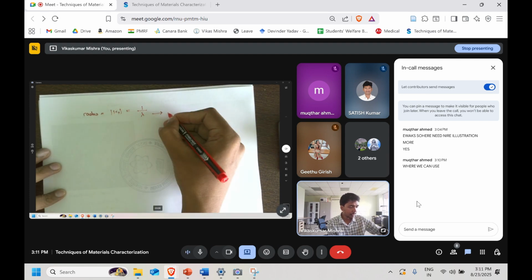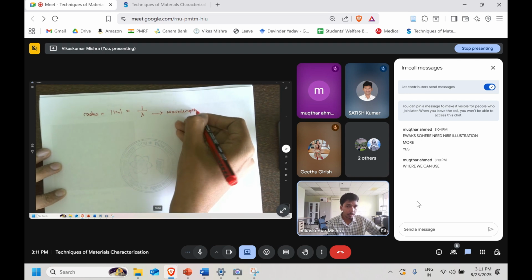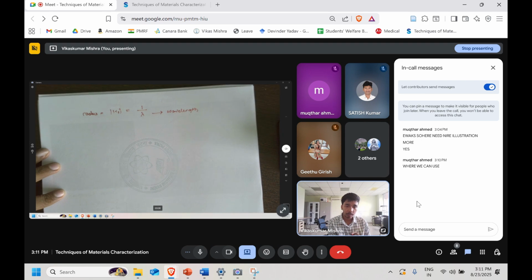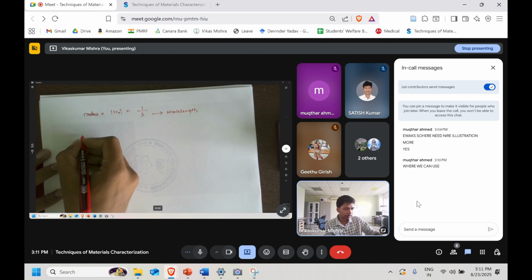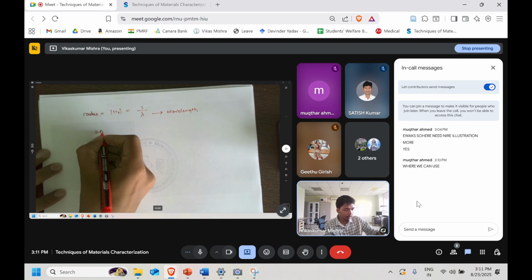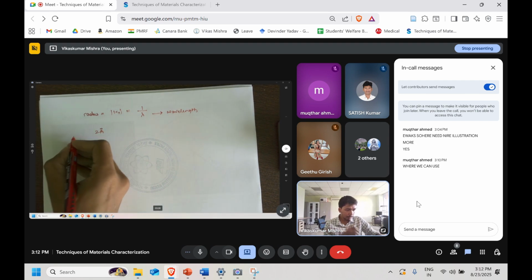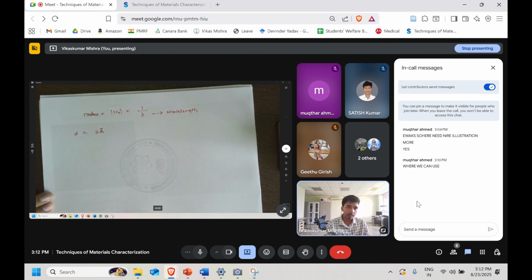Lambda is the wavelength of the electron beam, right? Now, consider that our d spacing is something like 2 angstrom, right? So, d spacing more or less like this.